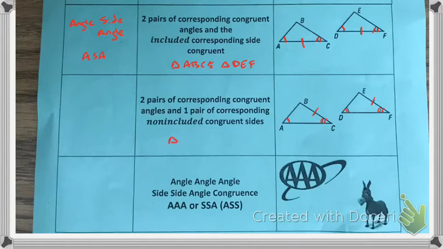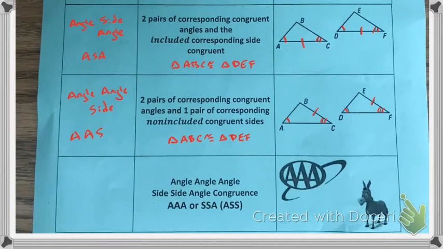So triangle ABC is once again congruent to triangle DEF, and that is because of angle, angle, side, or AAS. So that brings our total of ways to show triangles are congruent to 4. Side, side, side, side, angle, side, angle, side, angle, and angle, angle, side.